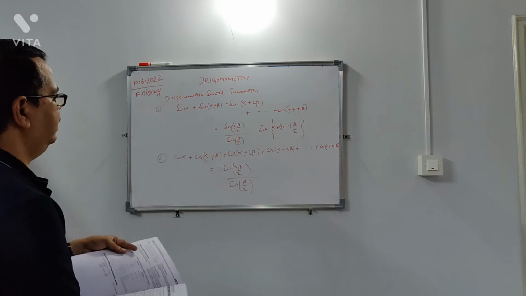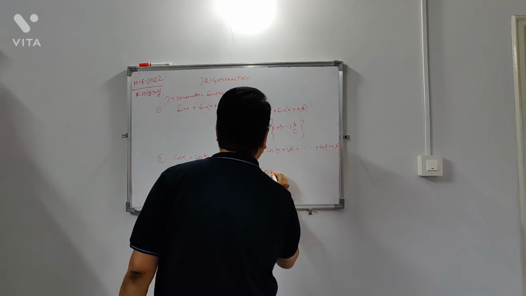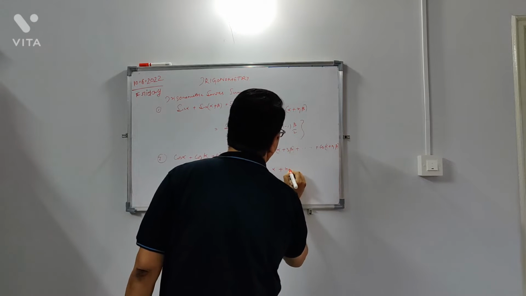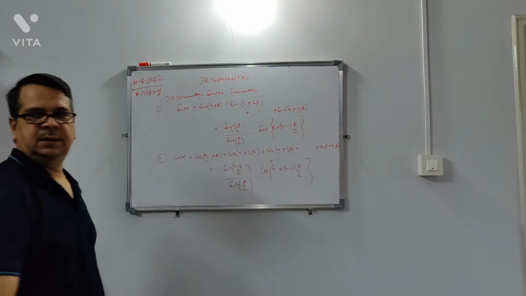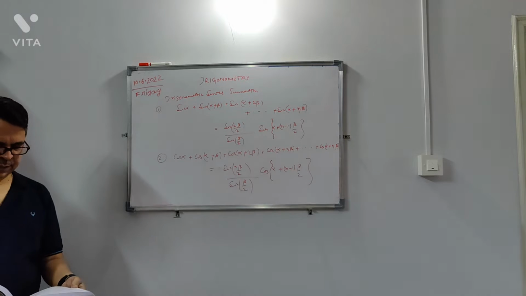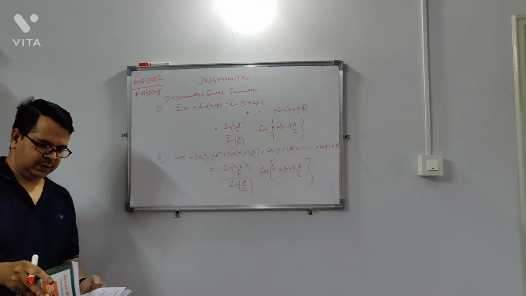Then on the other side it will not be cos but it will be sin of alpha plus n minus 1 into beta by 2. Sorry, it will be cos alpha plus n minus 1 into beta by 2. So these things you have to remember. This is series in trigonometry. So that's all about trigonometry.